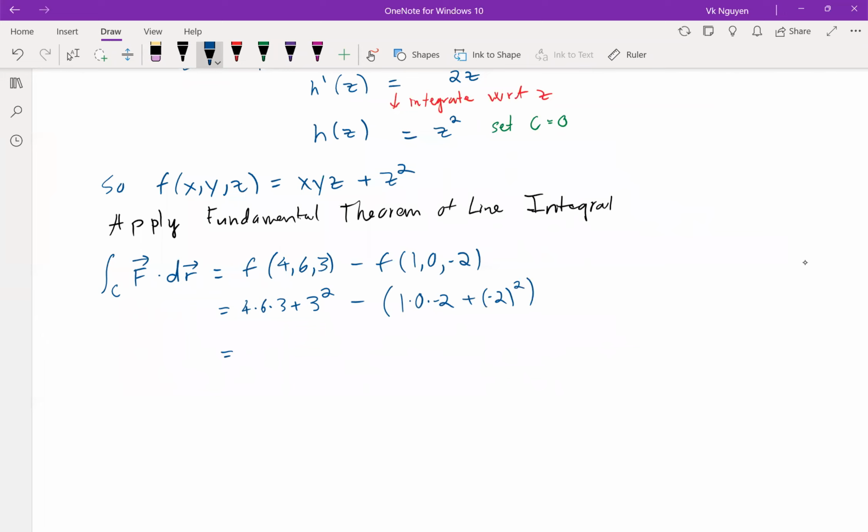Okay, 4 times 3 is 12, 12 times 6 is 72, plus 9 minus 4. Oh, 72 plus the 5 is 77. Yeah. Oh man, the answers match.